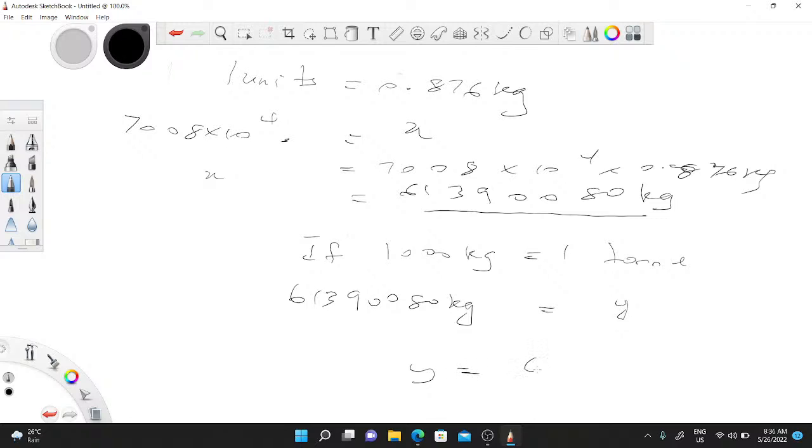So your y will be 61390080 over 1000. So we'll get it in tons. It means that we need 61,390.050 tons to generate this unit of electricity.